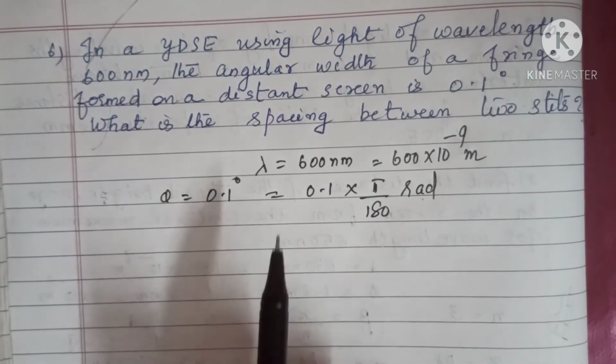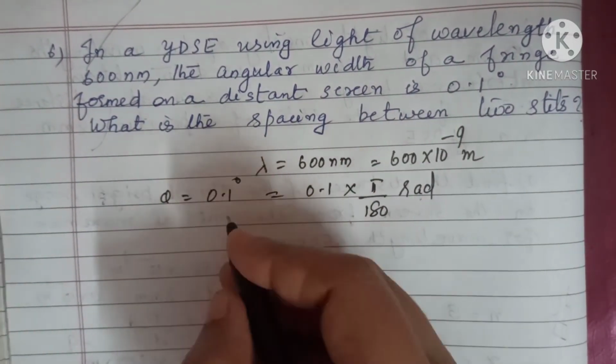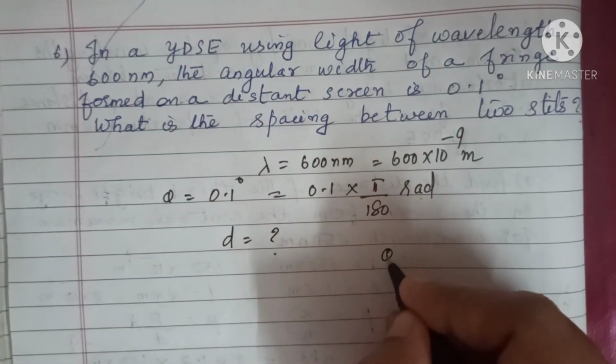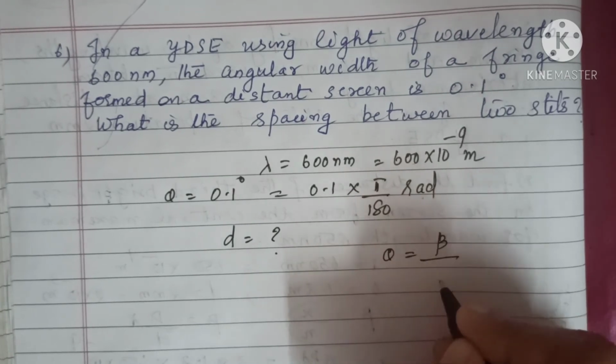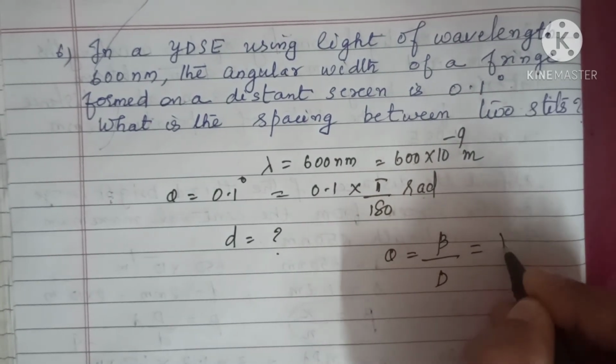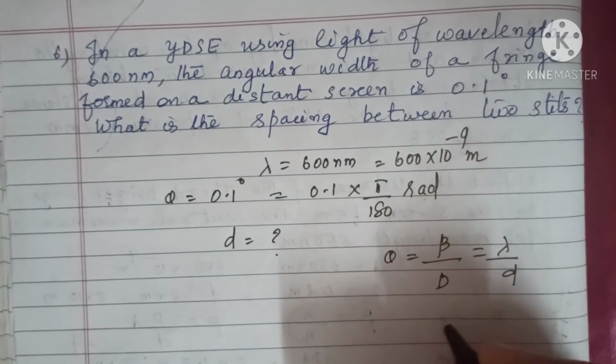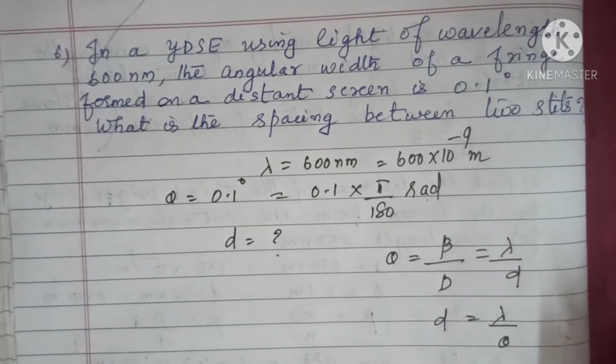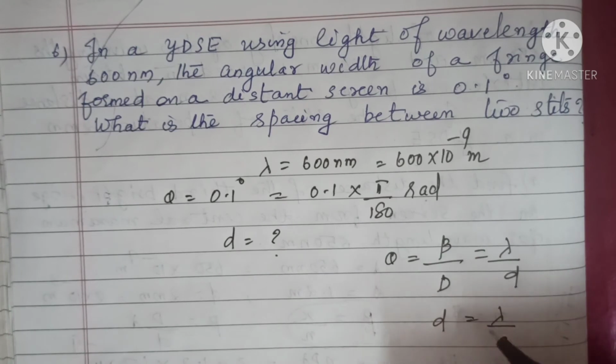Clear? Now you want to find the spacing between two slits, that is small d you have to find. So theta has two expressions as I told, beta by D as well as lambda by small d. So what is d? d is equal to lambda by theta. You can write that, isn't it? d is equal to lambda by theta.